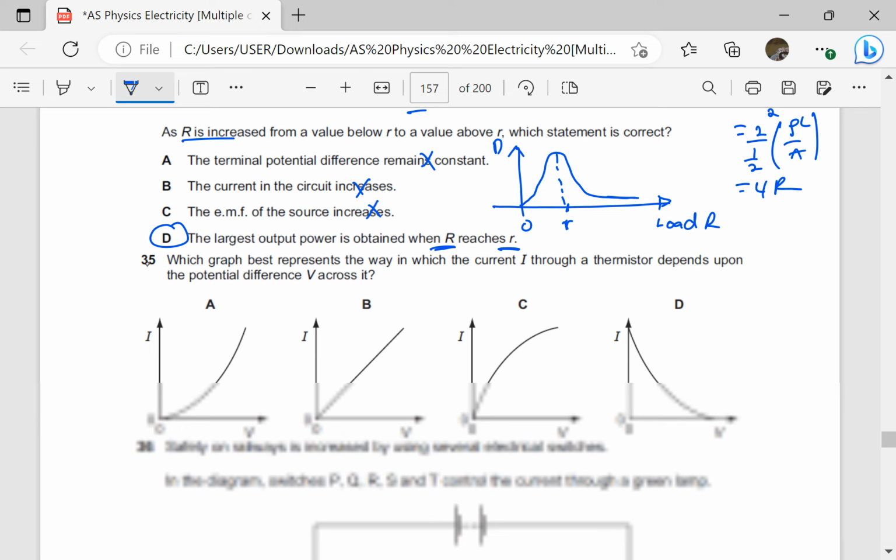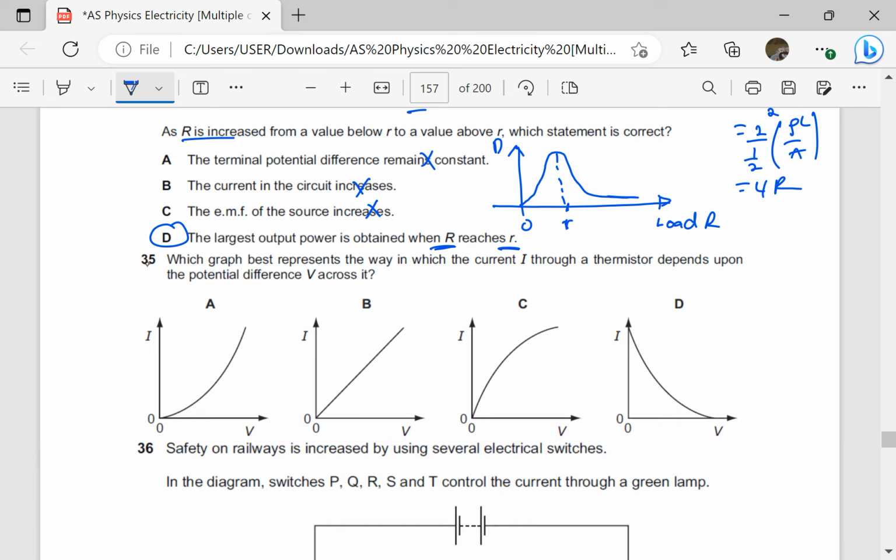Which graph best represents the way in which the current I through a thermistor depends upon the potential difference V across it? A thermistor. For a thermistor, we know that as temperature increases, the resistance decreases.